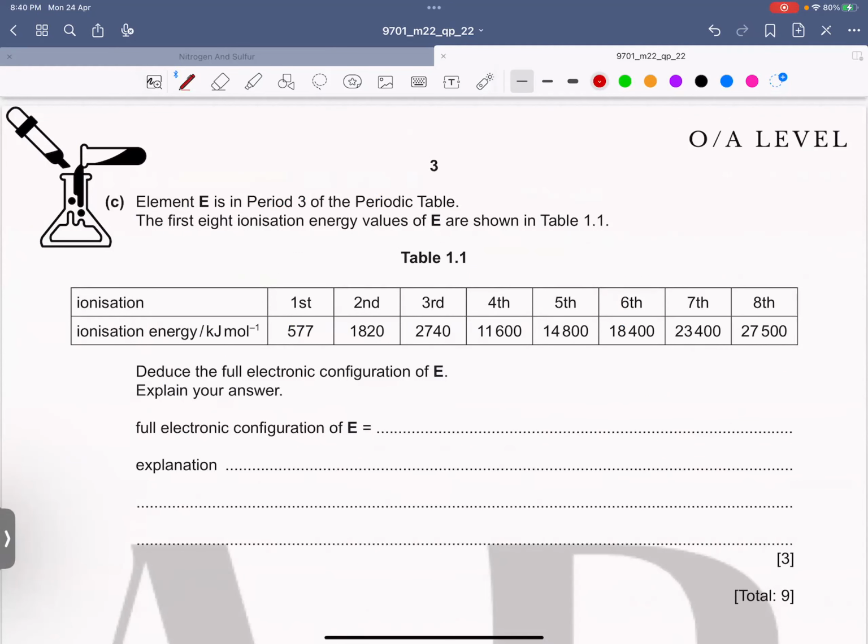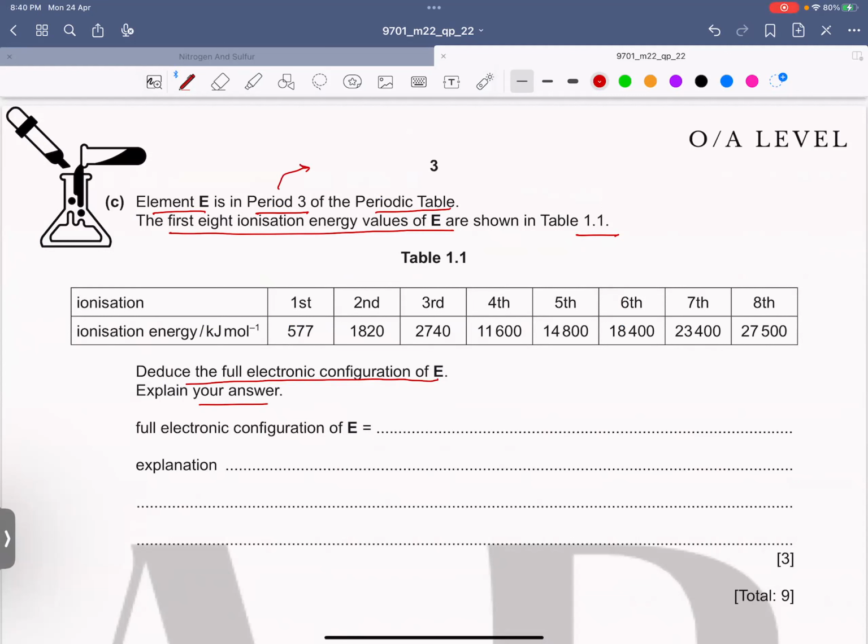Now part C. Element E is in period 3 of the periodic table. The first 8 ionization energy values of E are shown in table 1.1. Use them to deduce the full electronic configuration of E. Explain your answer.